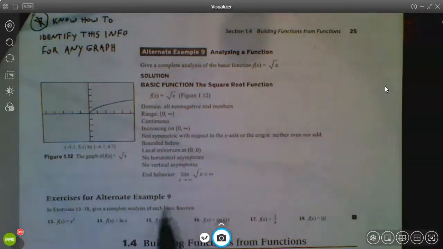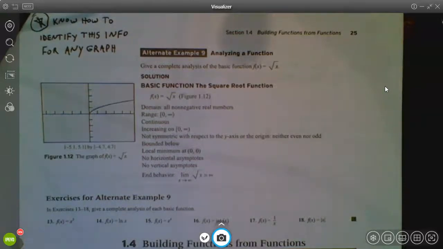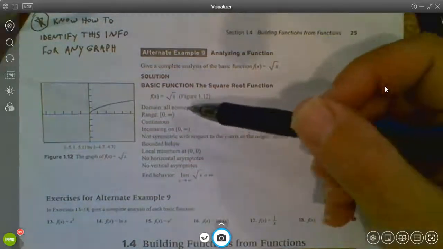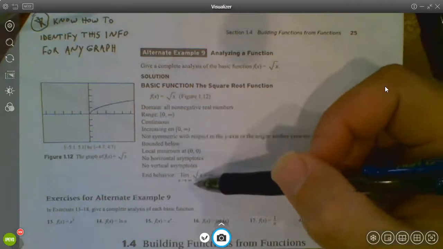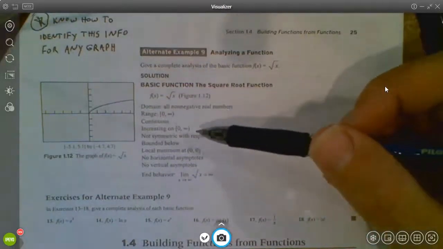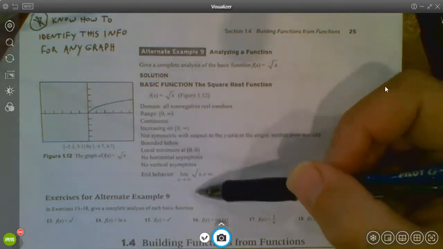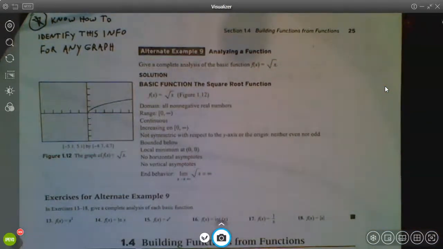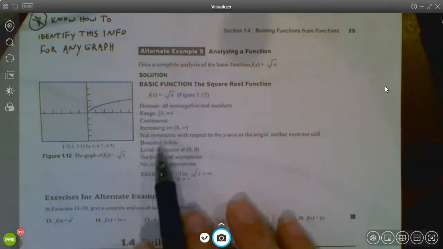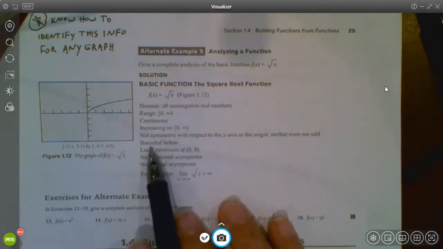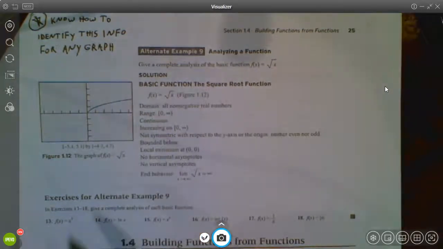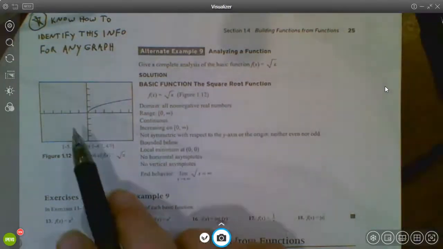In some of these, they're just saying, let's just analyze a graph. If you take a look at any of those functions, we can analyze it with so many different pieces of information. So I just wanted to mention this so you could see a quick rundown of all the information that you're going to see right here. One of the things that we didn't really talk about was when a graph is bounded. Bounded is sort of where you would see an asymptote.